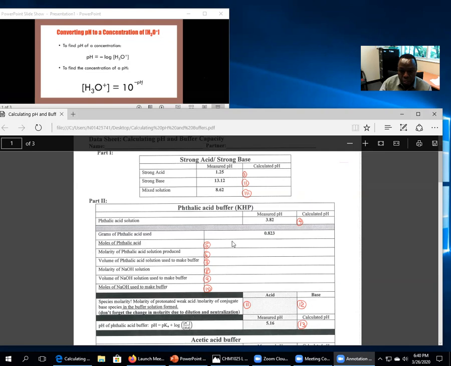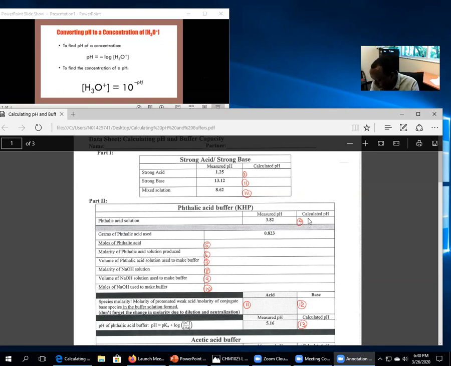So in this section, somebody prepared the solution based on the direction. The molar mass, if you look at page 145 on the direction, before I show you how to calculate the pH of the solution, item number 4.